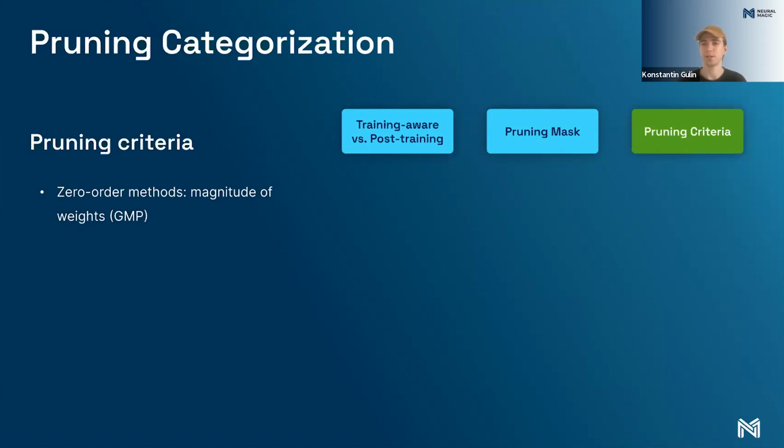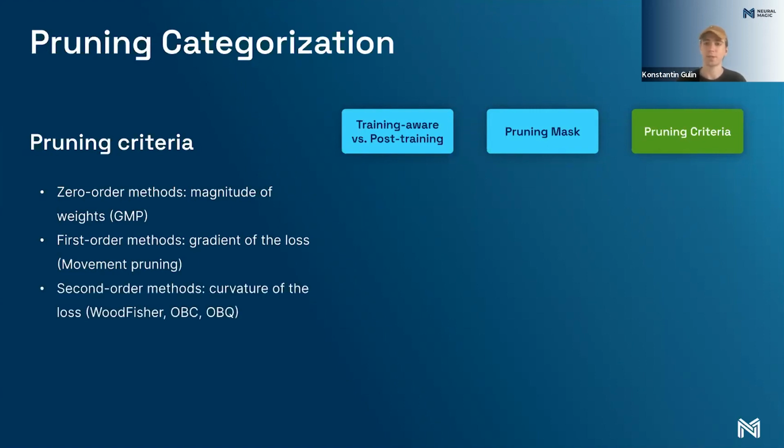So if it's 50%, then you remove the half of the weights that have the lowest magnitude. Then there's first-order methods, which use the gradient of the loss. Movement pruning is one example of this. And then finally, we have second-order methods. This is based on the curvature of the loss. Obviously, as you go up in orders, you get a more accurate method, but it also requires more computation or maybe more cleverness to get an optimal solution here.